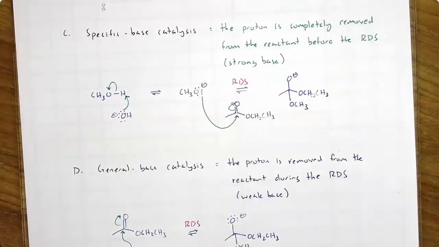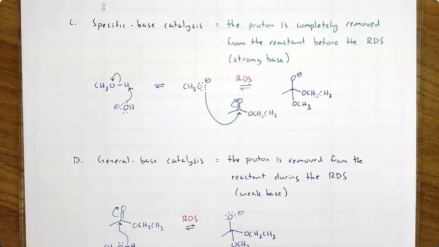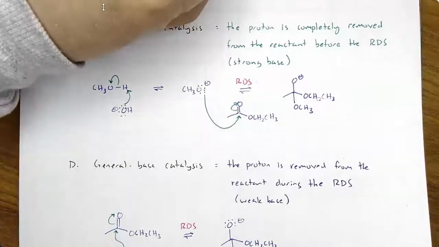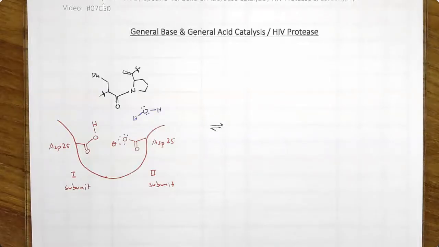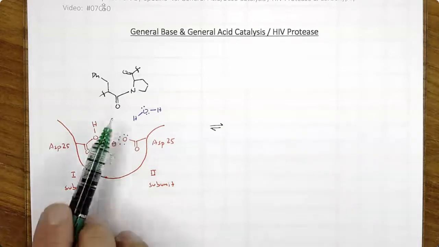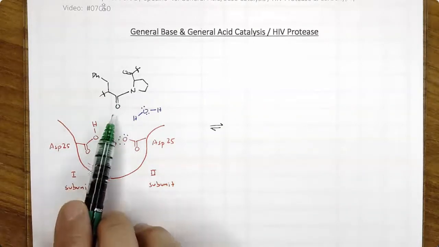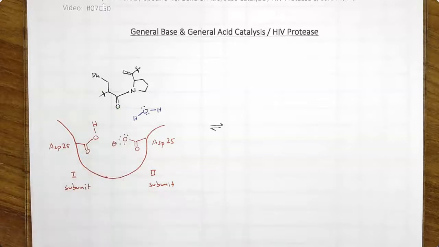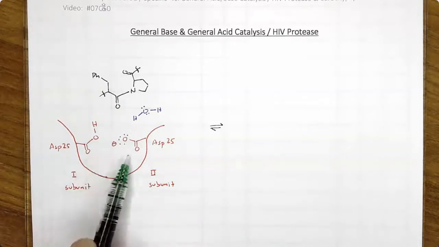Let us apply this to HIV protease. It is a general base, general acid catalysis enzyme. How I have this set up is that here is the peptide that is going to be cleaved, and here are your two aspartic acids.